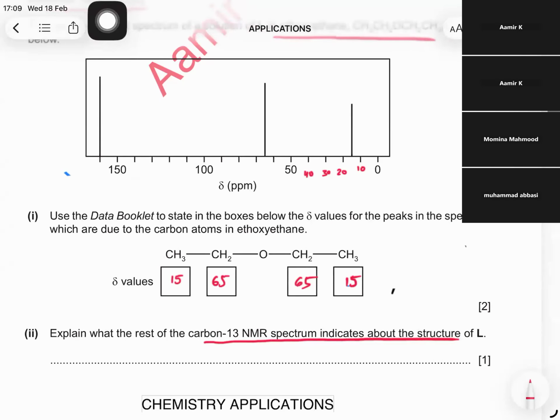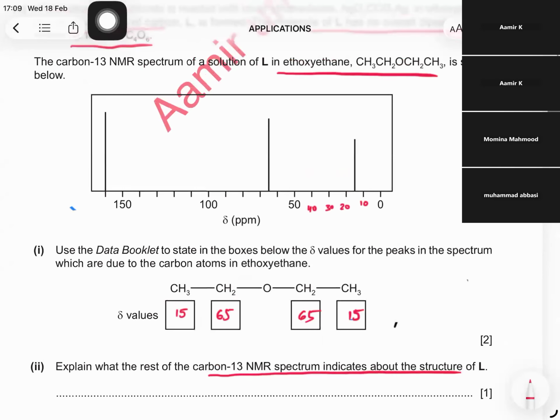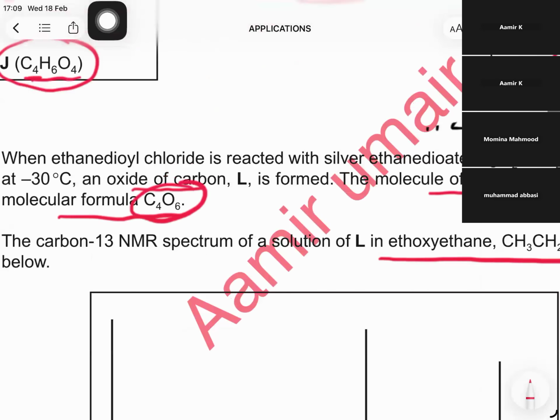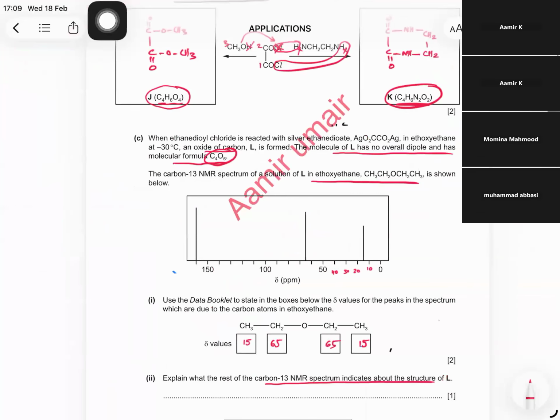Explain what the rest of the carbon-13 NMR spectrum says about the structure of L: that all 4 carbons are present in one environment. There are 4 carbons and 6 oxygens, and all of them are present in one chemical environment, because after having the peaks of this ethoxyethane, there is only one peak left, and that is also carboxyl. The one at 160 to 185 is carboxyl, right?